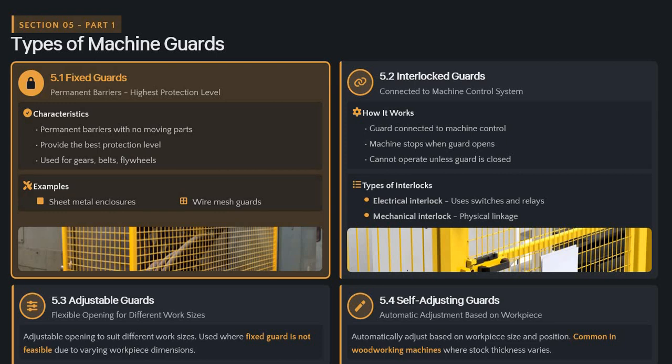Sometimes another is distance guards, but the main four are fixed guards, interlock guards, adjustable guards, and self-adjusting guards. In the last class I gave an acronym also: PFIAG, that is, fixed guard, interlock, adjustable, and grip devices. Like that you can remember these types of machine guards.